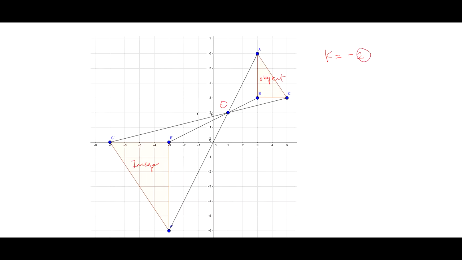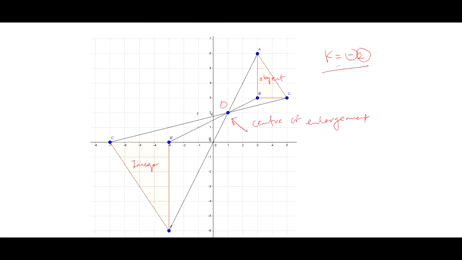Because we have a 2 here, the image is larger than the object, but because of the minus sign, we notice that the object and the image lie on opposite sides of the center of enlargement. This special case where k is negative means that the object and the image lie on opposite sides of the center of enlargement.